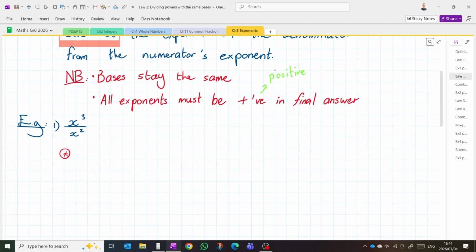So that means the numerator's exponent minus the denominator's exponent. Okay, and 3 minus 2 is just going to give me 1 again. That power of 1 you can write or you can omit it. Either way is fine. Okay, so that is one part of this.